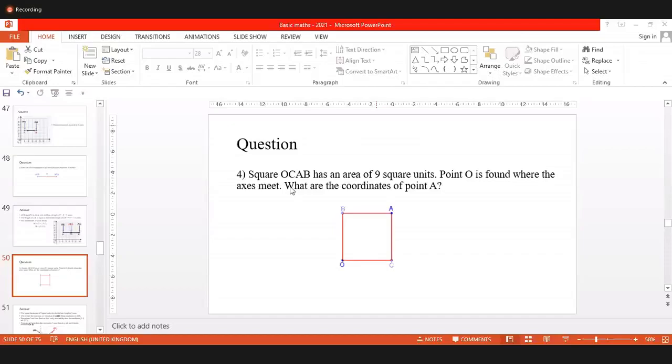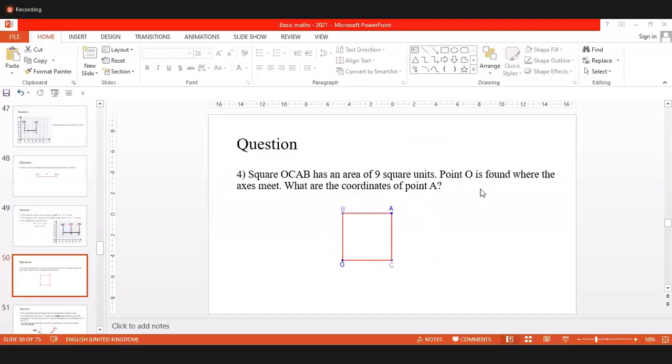Square OCAB has an area of 9 square units. Point O is found where the axes meet. We have this square and we are giving you this condition.